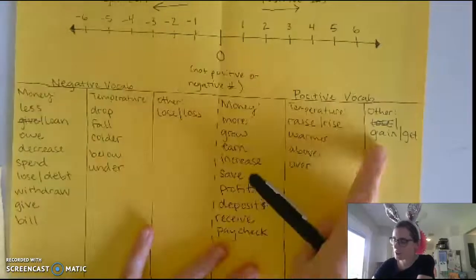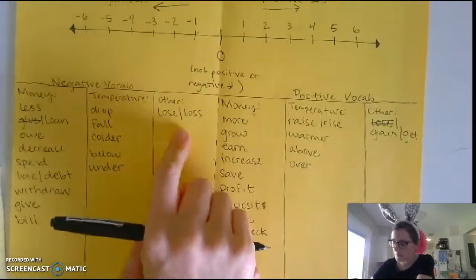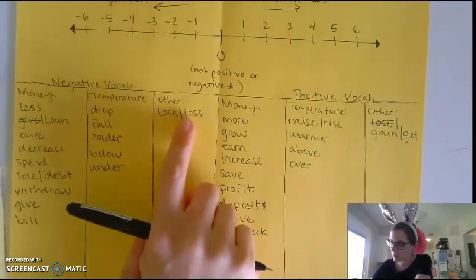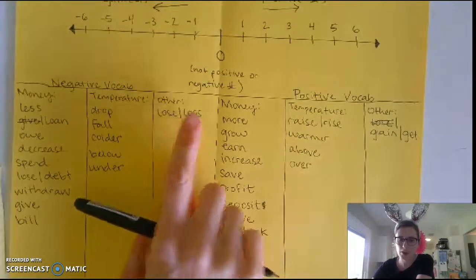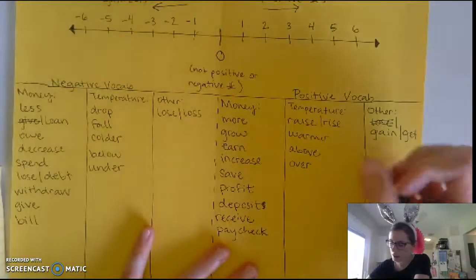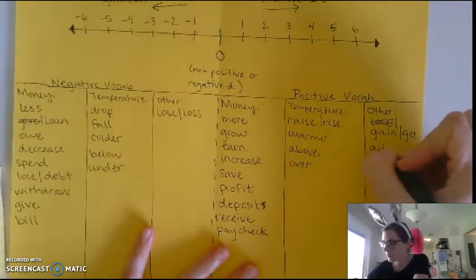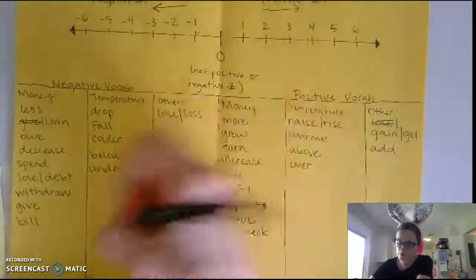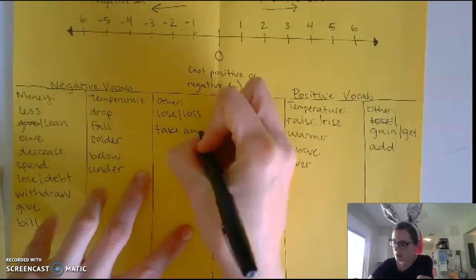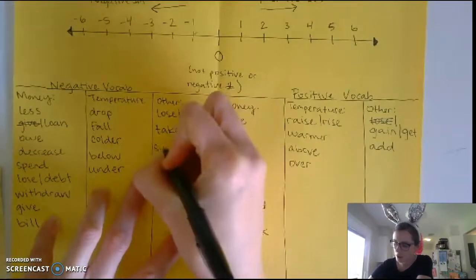So gain weight, lose weight, get a puppy, lose a puppy. I mean, even though that sounds really sad, but you're increasing and decreasing yours. And then you might also hear add, and the opposite of that would be either take away or subtract.